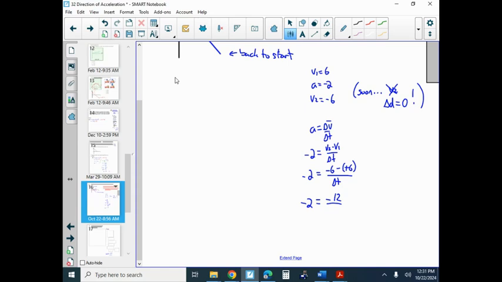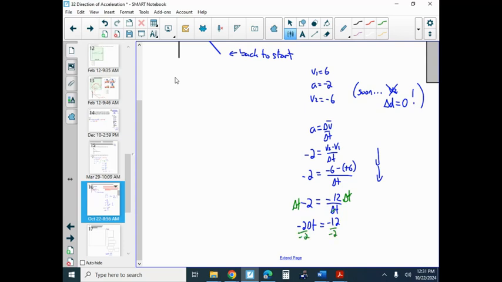Integers here is just -6, subtract another 6, right? Down 6 and down another 6. So we end up with that. So we multiply both sides and divide out. And you can probably see what's going to happen here. We're going to be dividing -12 by -2, and we're going to end up with the 6 answer that makes sense based on the logic I originally described.